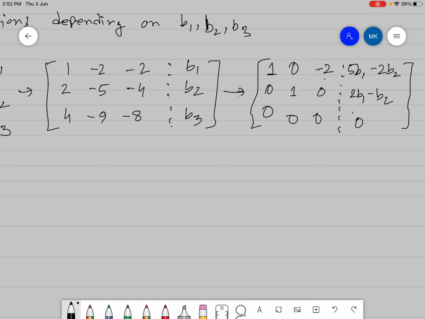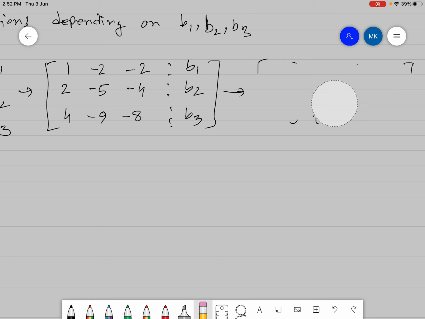Okay, so we need the condition here. Just erase it, and what I will get is, please do the whole elimination on your own.